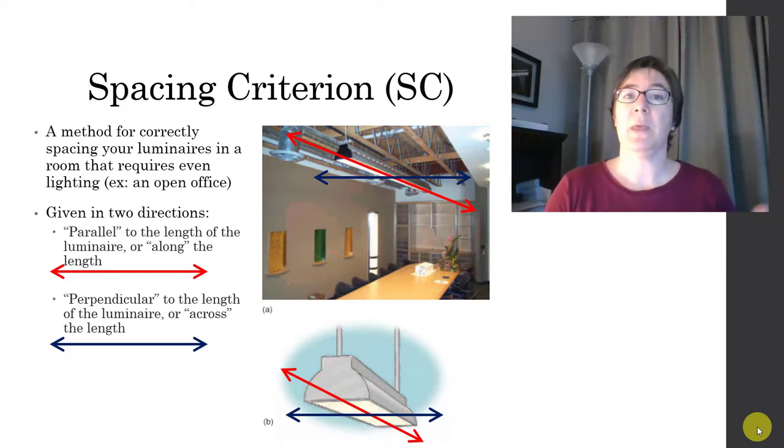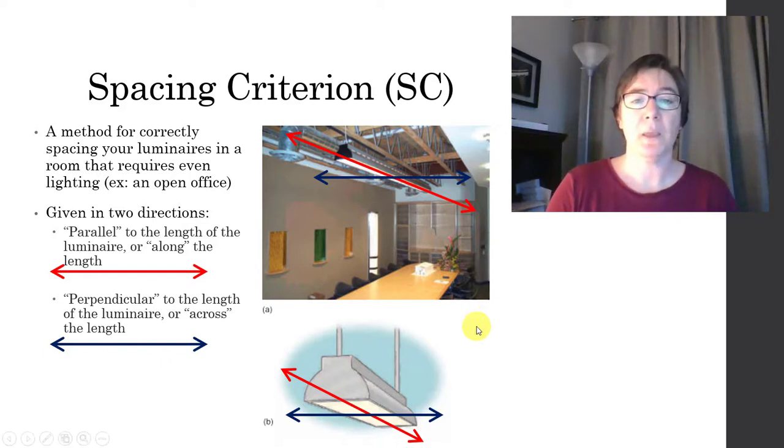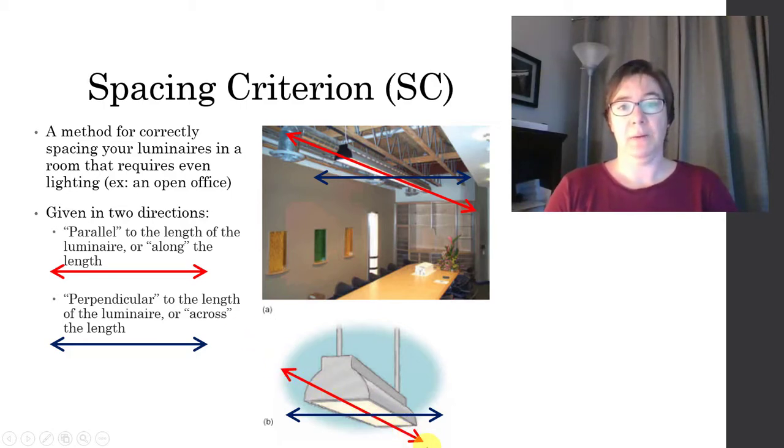So here's an example from your book that we are going to follow along with, and it's got this luminaire here. Here's an illustration of it, and here is a picture of the luminaire as installed in what looks like a conference room. You can see that the parallel direction is this one that goes along the longer direction of the luminaire.